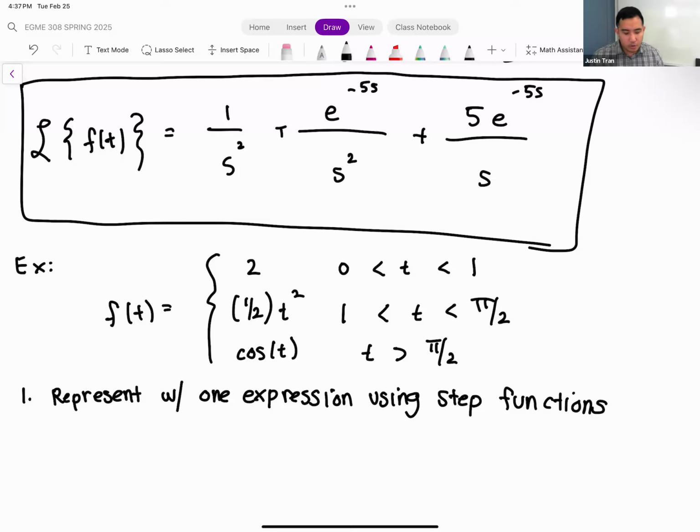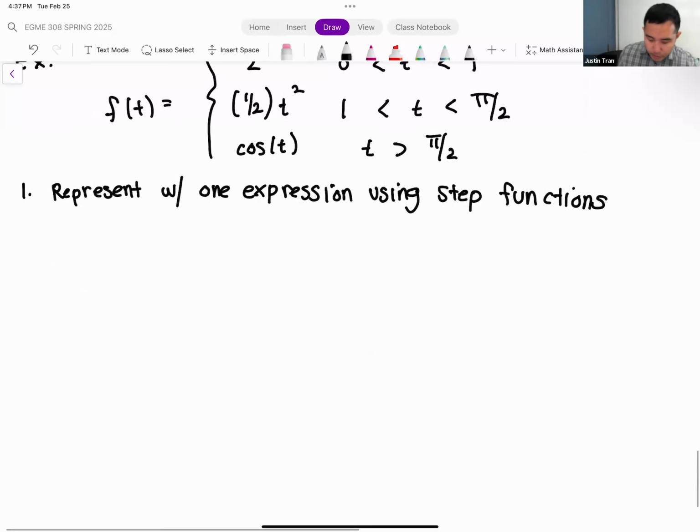We're going to make note of all the different parts of this discontinuous function and just activate them, deactivate them according to the times listed there. And then step 2 is we're going to take that expression and take its Laplace transform. I probably won't take the Laplace transform of the entire thing just because of time constraints, but I'll do the first few with you just to get you some practice. So let's do step 1 first.